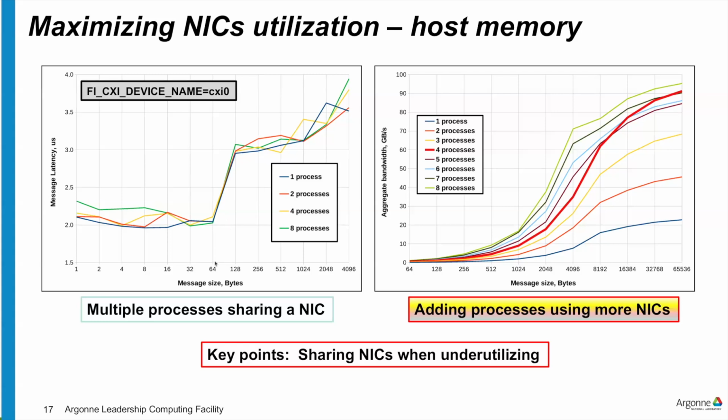So up to about 64 bytes, obviously that's a single packet and the number of processes doesn't really matter. The latency of each message is about 2 microseconds. That's consistent with what we expect from the hardware on this machine. So about 2 microsecond latency for a single point-to-point communication operation with very small message size.